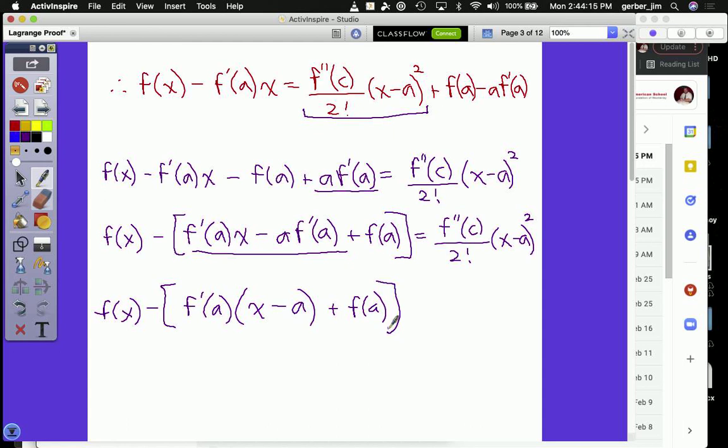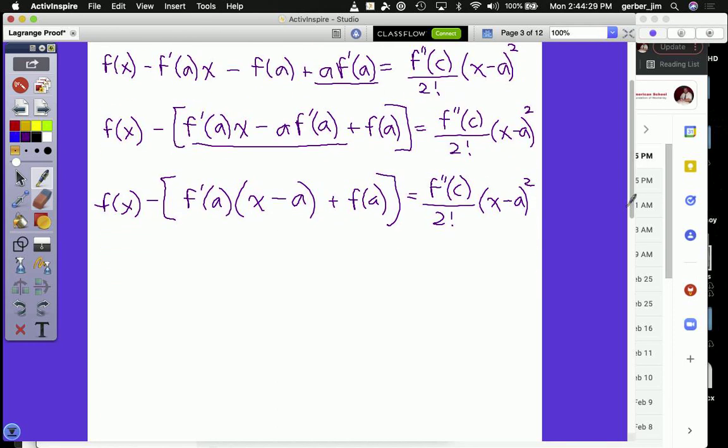And that equals f double prime at c over 2 factorial times x minus a quantity squared. But, and this is the beauty of this, I can recognize that this whole thing is just T1 at x.